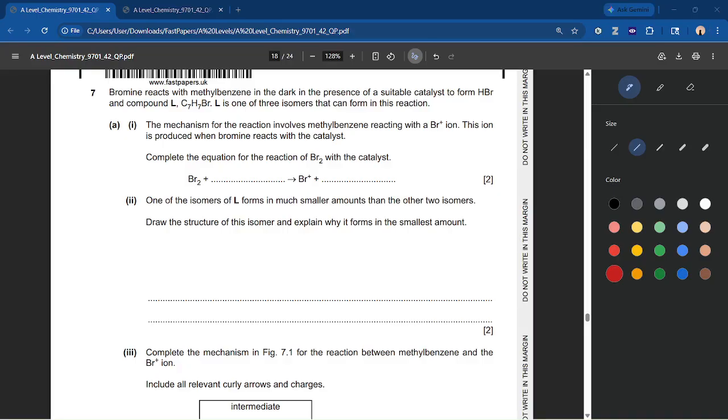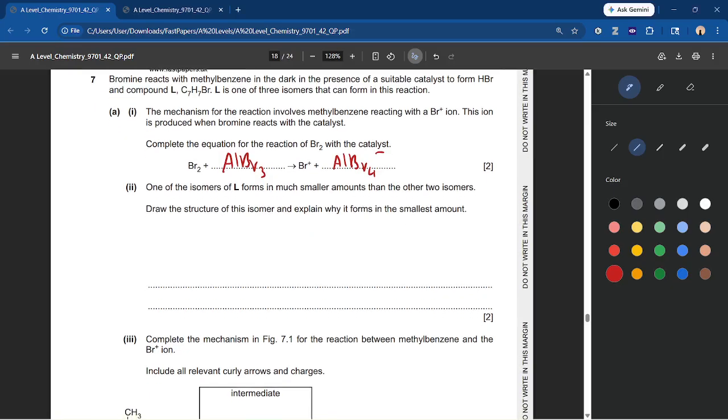So this will be bromine, and the catalyst is, of course, aluminum bromide. And you're going to get bromine ion and aluminum bromide 4 minus. One of the isomers of L forms in much smaller amounts than the other 2 isomers.